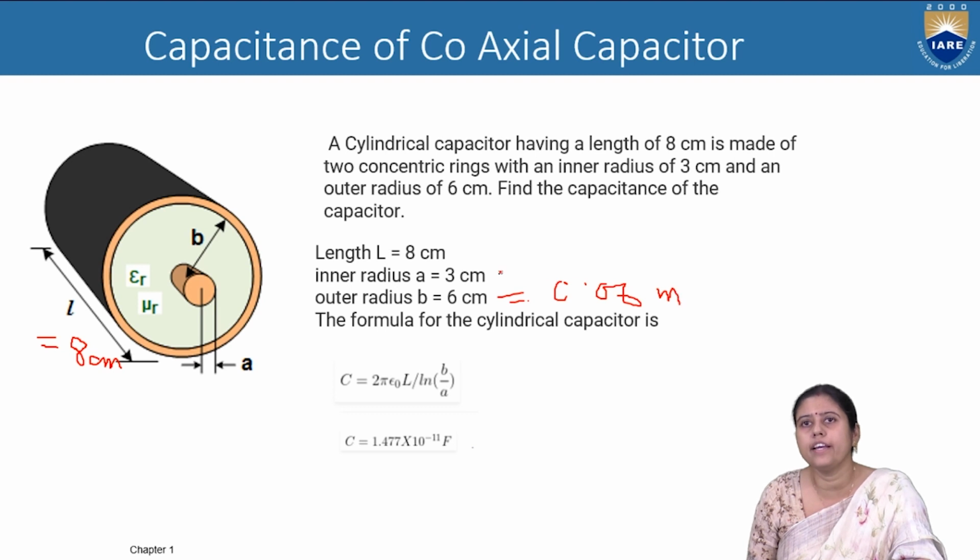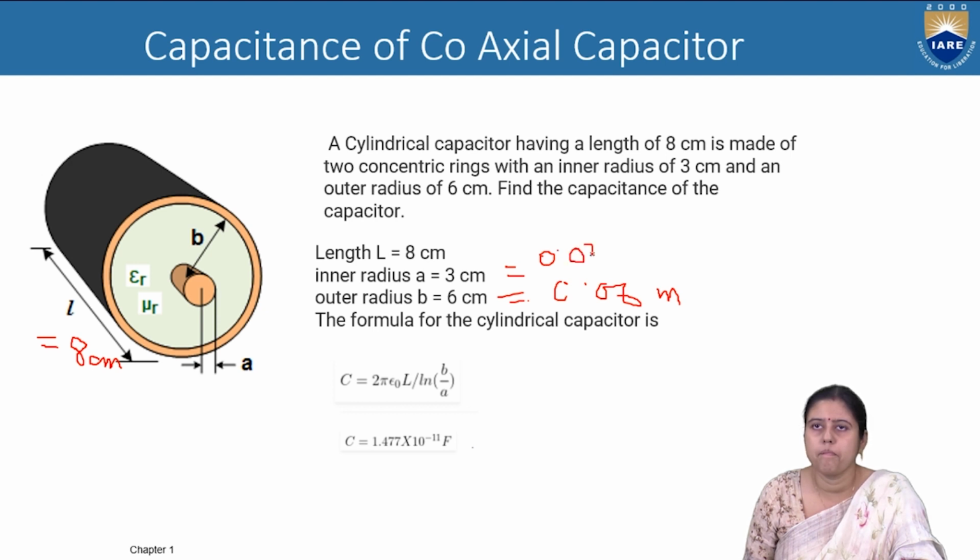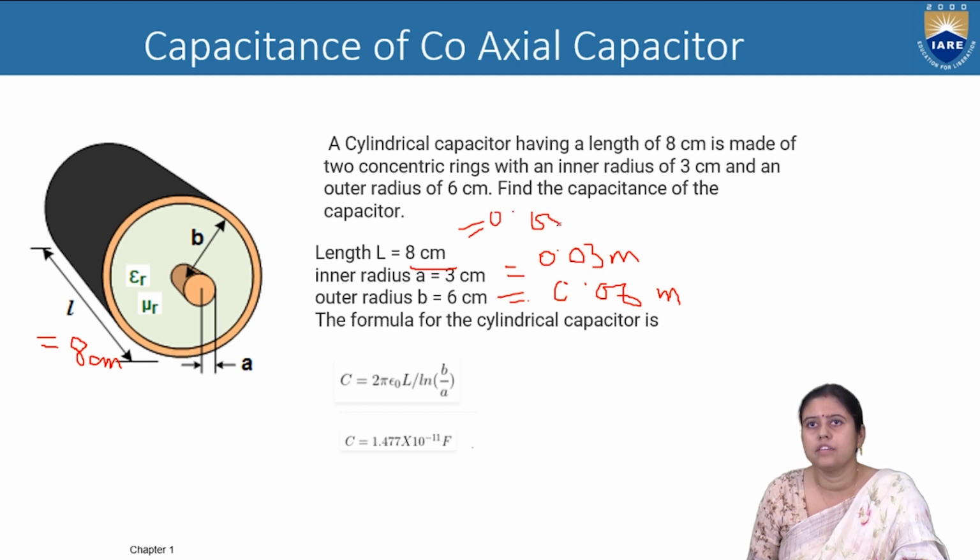What is the inner radius? Inner radius is 3 cm and 3 cm means 0.03 meter. So what is the capacitance? 2 pi epsilon L. L is the total length and total length is 8 cm and 8 cm means 0.08 meter.